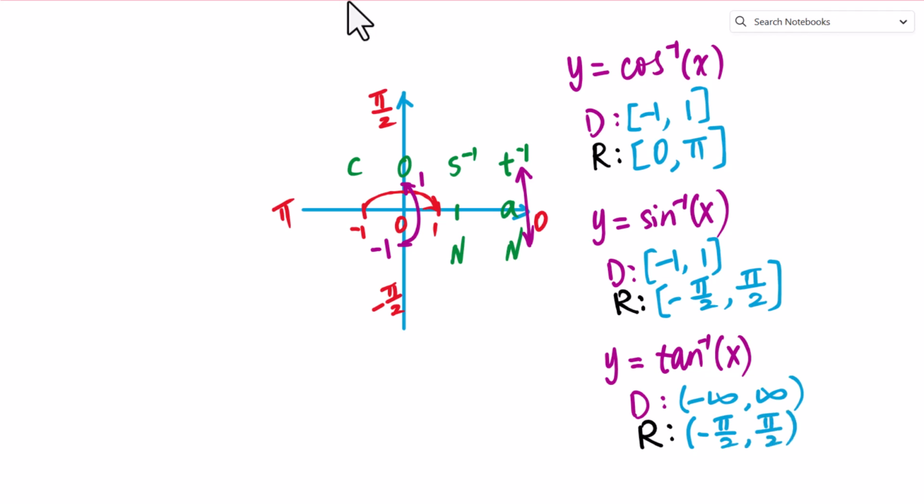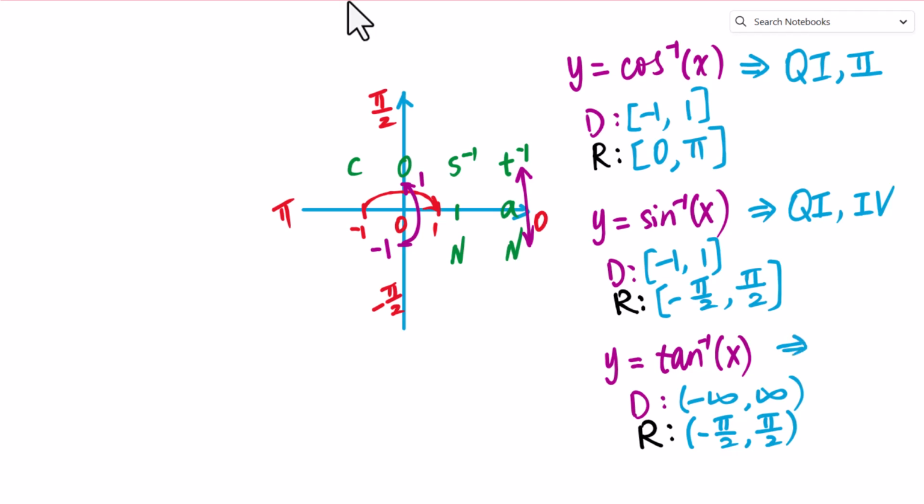So for inverse cosine function, the range is located in first and second quadrant. For inverse sine function, the range is located in first and fourth quadrant.